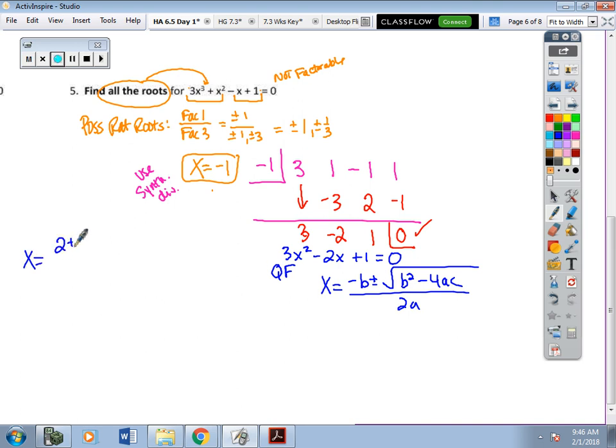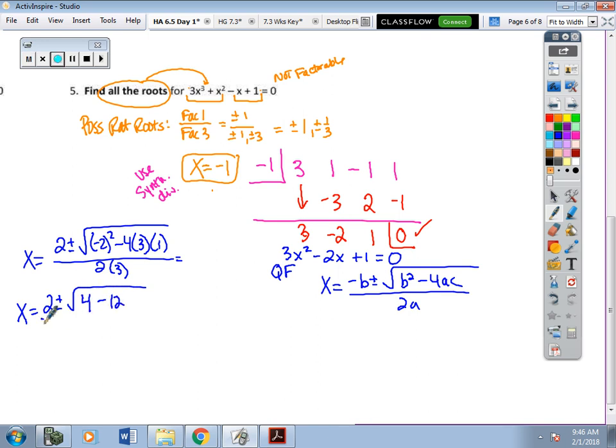So we'll have 2 plus or minus the square root of negative 2 squared minus 4 times 3 times 1 over 2 times 3. So 4 minus 12 over 6. So I get the square root of negative 8, which can be reduced.